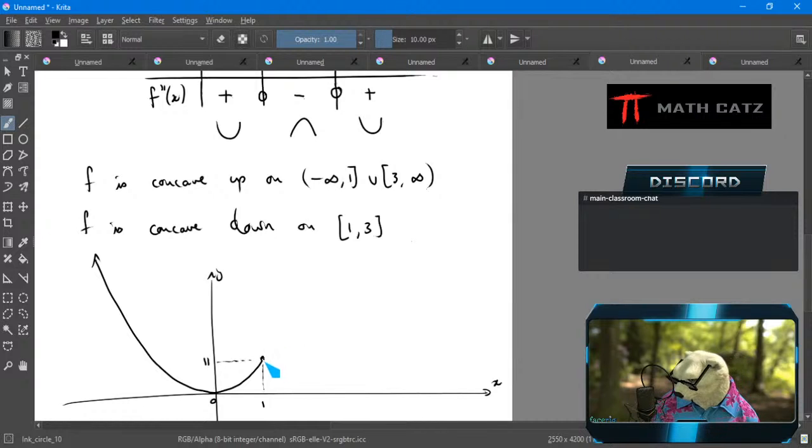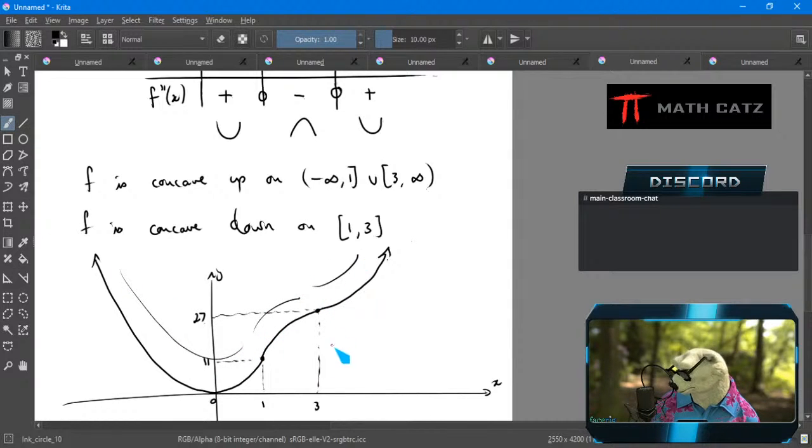I don't remember if it's horizontal here. I actually don't remember, because I didn't do that step. It bends down just a little bit, not a full turn, to where x is 3. And then it bends up again. Whee! Off to infinity. So I have up bend, down bend, up bend.